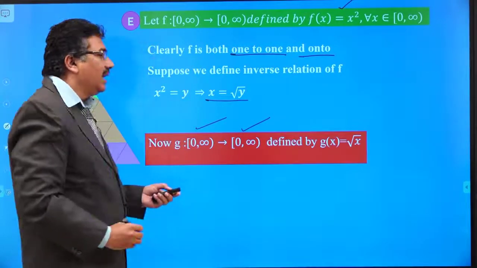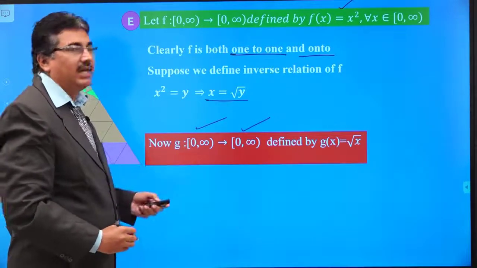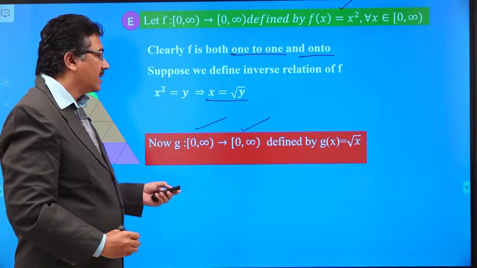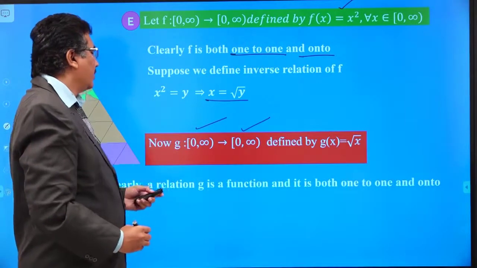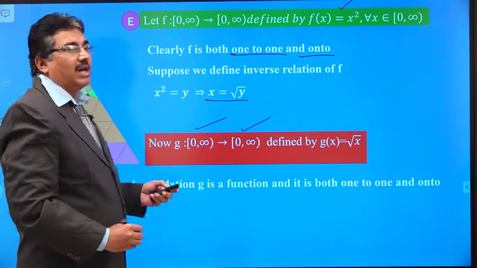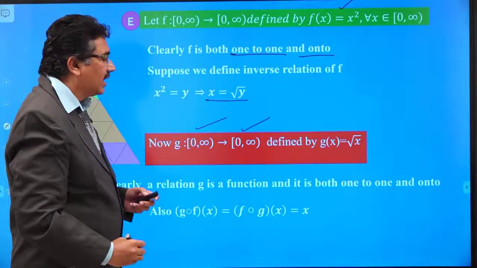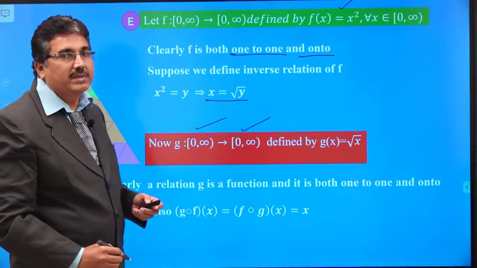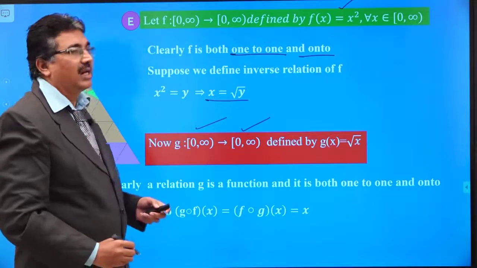Clearly, g is a function, and it is one-one and onto. Also, g circle f of x is equal to f circle g of x is equal to x.